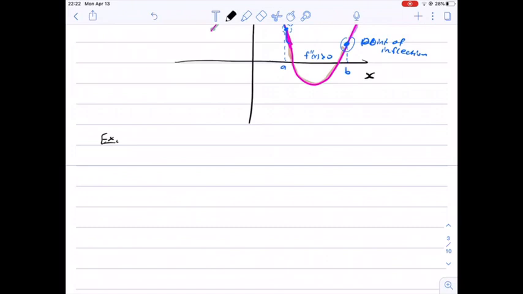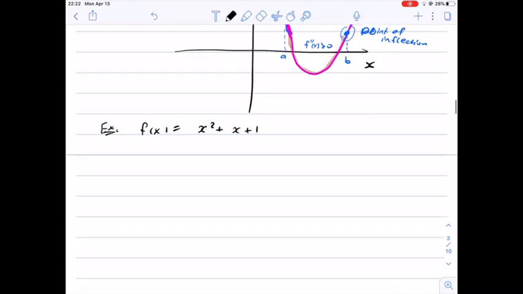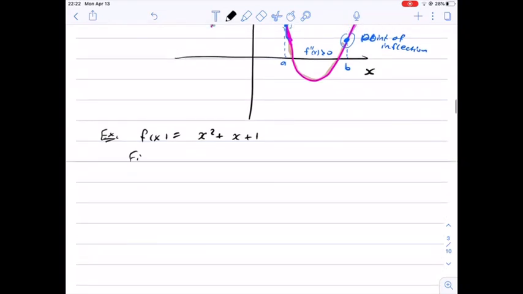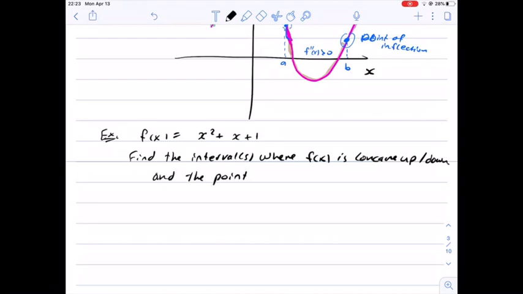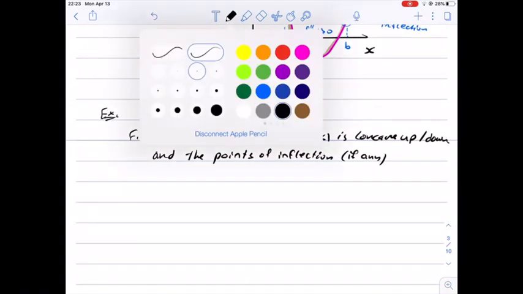Now let's take an example. If we are given f of x equals x squared plus x plus 1, and we want to find the intervals where f of x, the function, is concave up or down, and then find the points of inflection, if any existed.